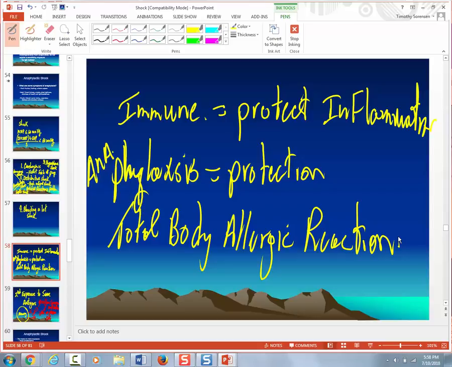Who's with me? All right? To get an anaphylactic reaction, or a total body allergic reaction, whatever you are allergic to, you have to ingest or inject into you. So it has to circulate throughout the entire body. That's what produces an anaphylactic reaction.